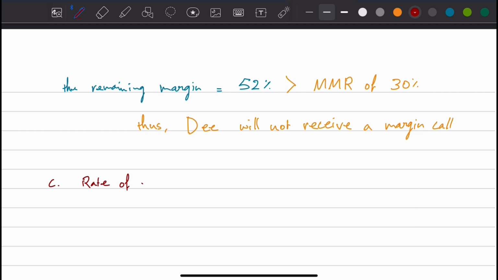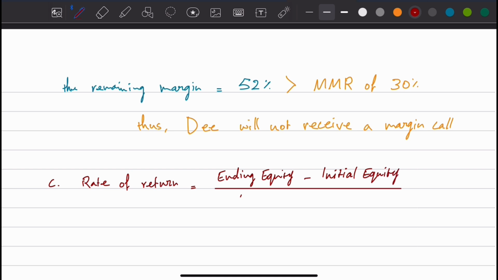So rate of return equals the ending equity minus the initial equity, all divided by the initial equity.